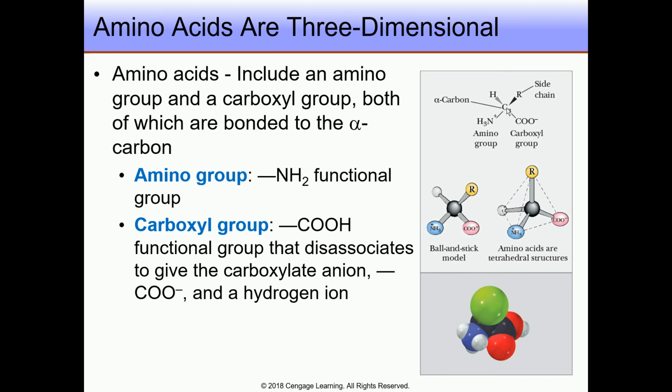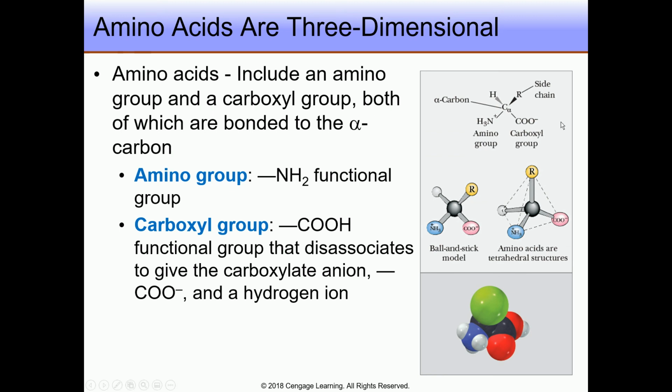So carbon can be linked to 4 different atoms or 4 different functional groups. In the amino acid, the carbon is linked to an amino group, a carboxyl group, and hydrogen. And then there is an R side chain, or a side group, which we can see.